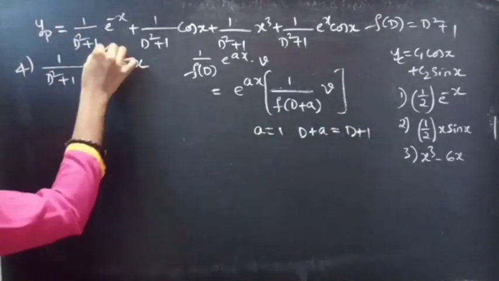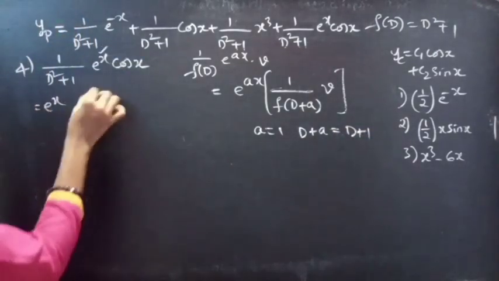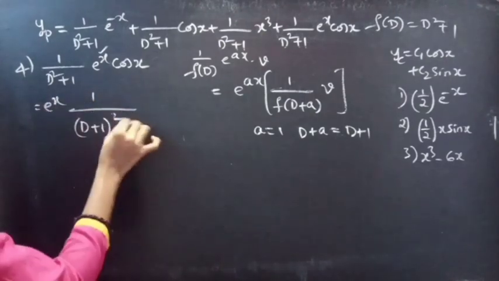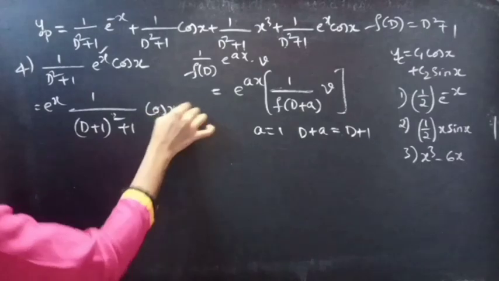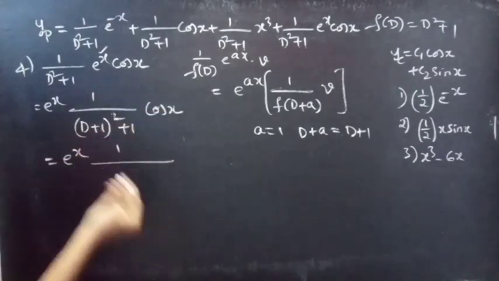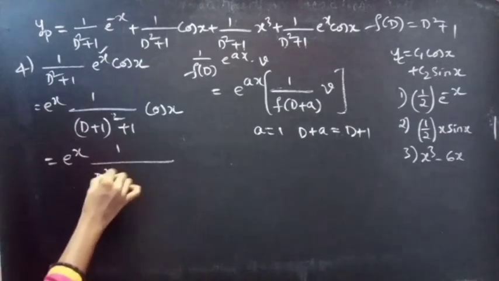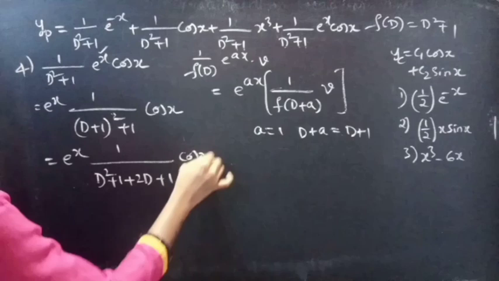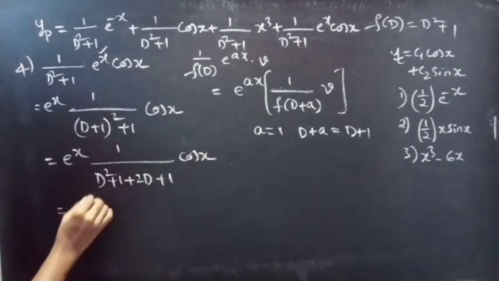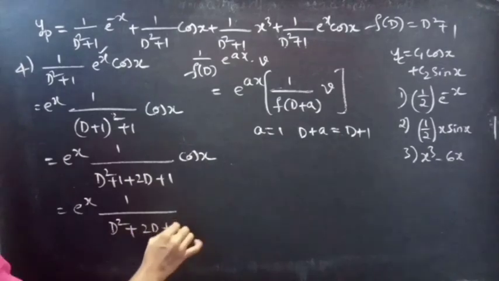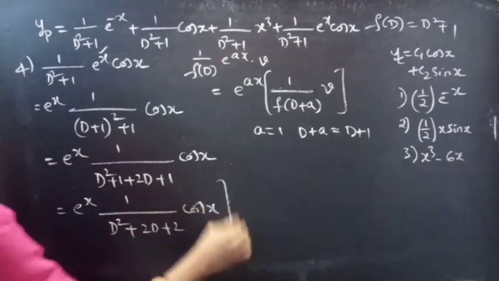Now we'll shift e power x towards the left by replacing D with D plus 1. It equals e power x into 1 by, expanding D plus 1 whole square using the a plus b whole square formula, D square plus 1 plus 2D plus 1, into cos x. It equals e power x into 1 by D square plus 2D plus 2 into cos x.